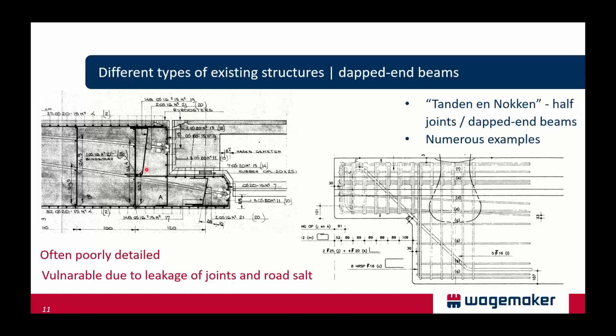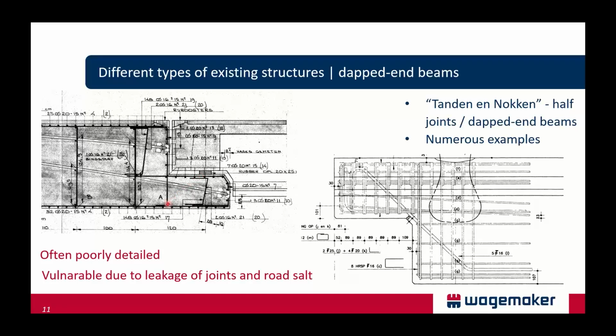Here we see another example of such a dapped-end beam and a notch of a supporting structure. And what we frequently see is that the detailing of the reinforcement bars is rather poor. So this hook, we should preferably have this hook bent toward the other side to support that compressive strut that emanates from the elastomeric bearing, for instance.